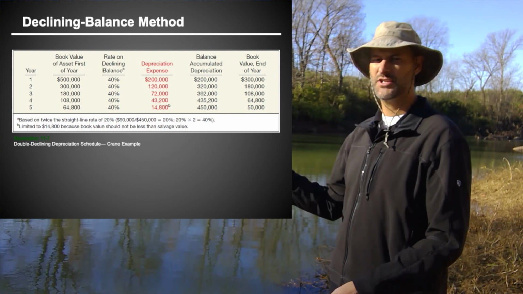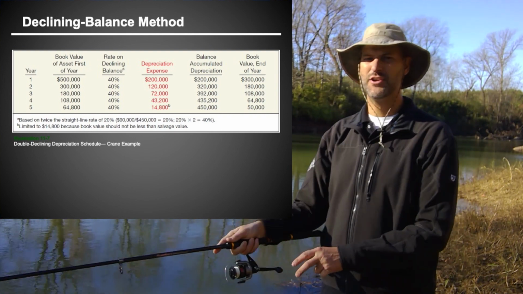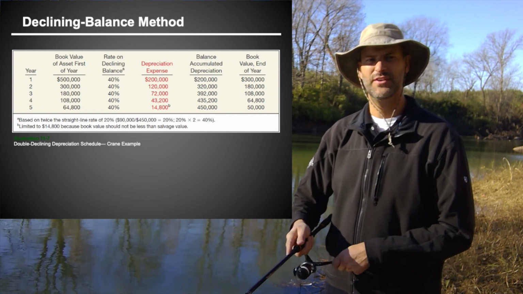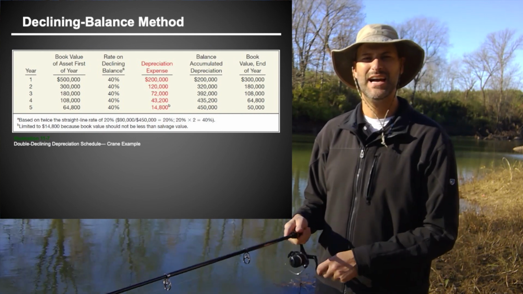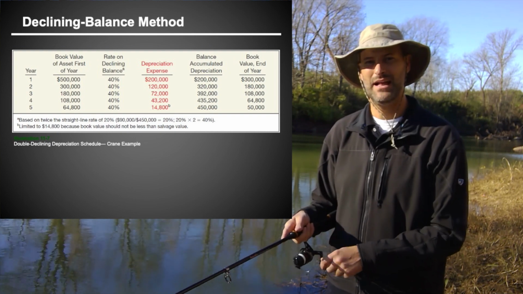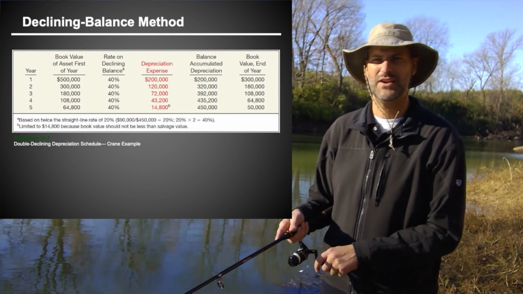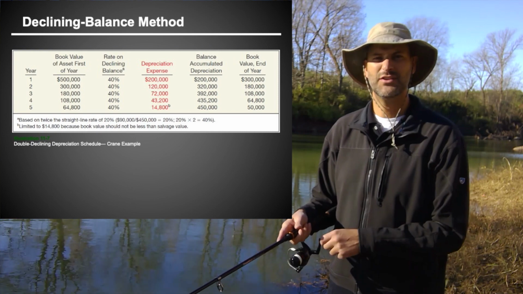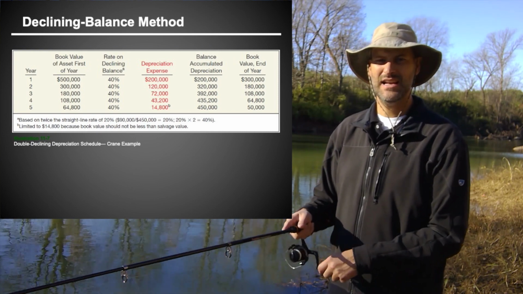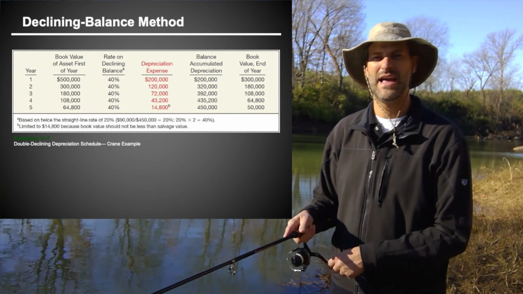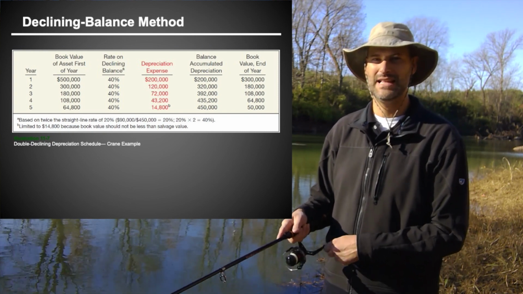So we would have $300,000 as our book value at the end of the year. Now, in the second year, we take the $300,000 and multiply that times our double declining balance rate, which is 40% or 2/5, which gives us a depreciation expense of $120,000 and an ending book value at the end of the second year of $180,000.